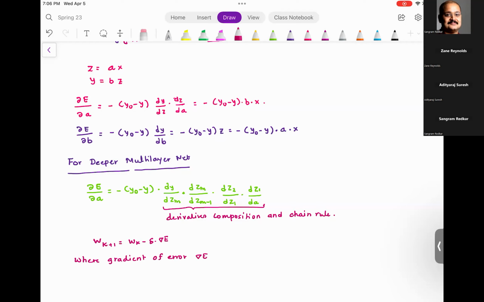And you run this through the algorithm, and for each iteration, the gradient is partial E by partial Wk.